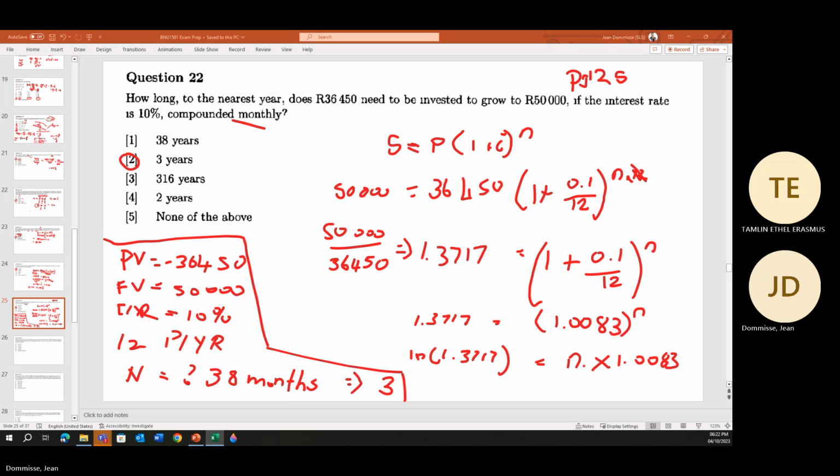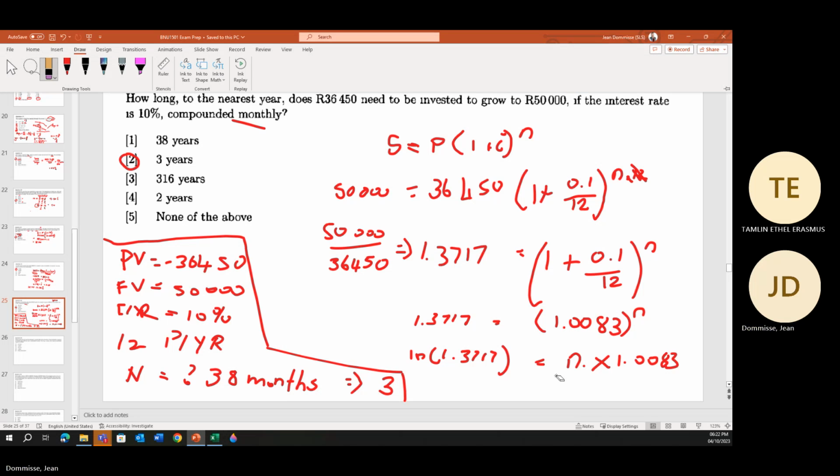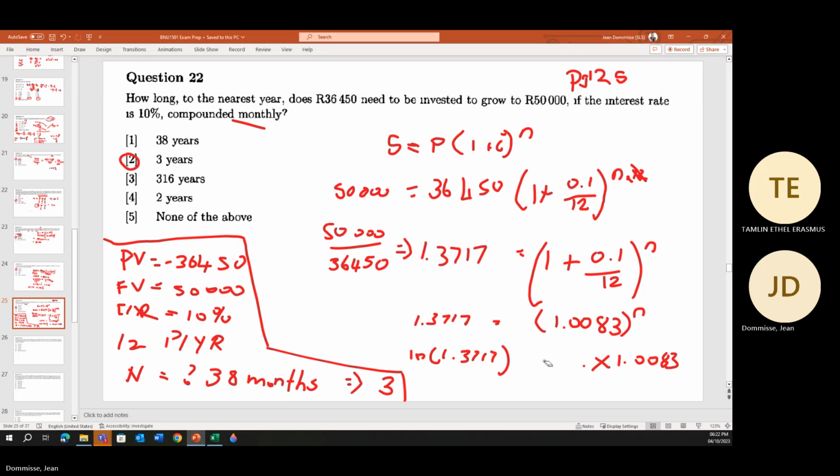Just to get this correct. Okay, so let me just add to this. I just want to make some space in here.